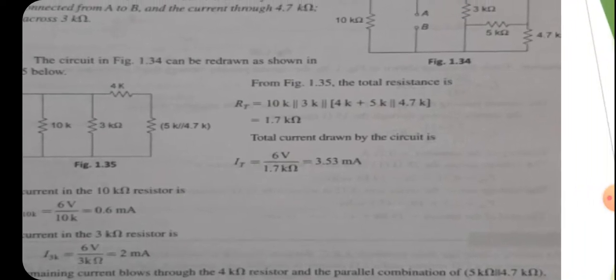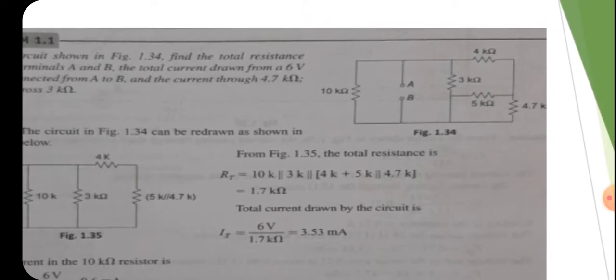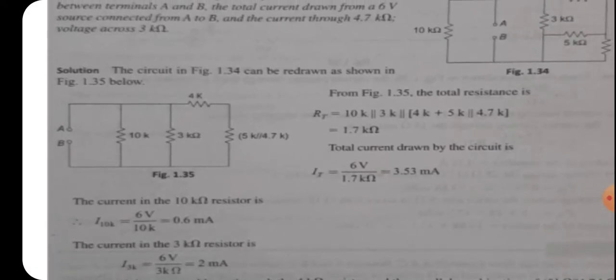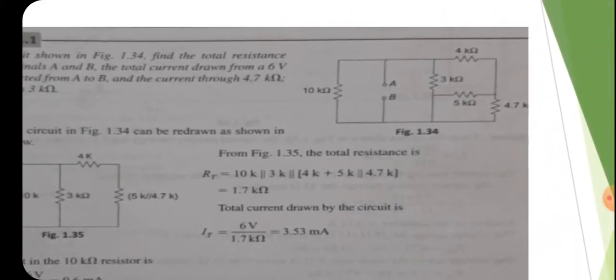So it is simply replaced by a single resistor in the figure 1.35. If you are looking at the figure 1.34, you can find that the current through the 4.7 kilo ohm can be found out by the current divider rule.